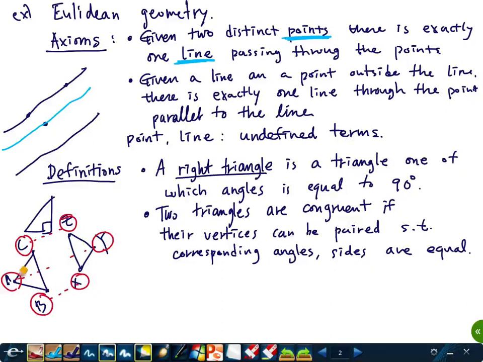Then their corresponding angles: this angle is equal to this angle, this angle is equal to this angle, this angle is equal to this angle. And the corresponding sides have the same length. These two have the same length, etc. So this is a definition. If you have this definition, you can determine whether two given triangles are congruent or not.